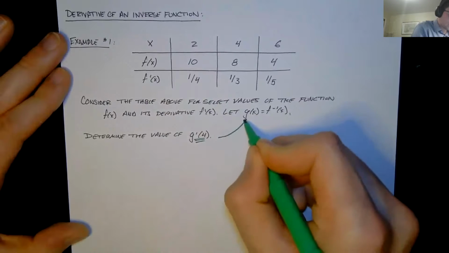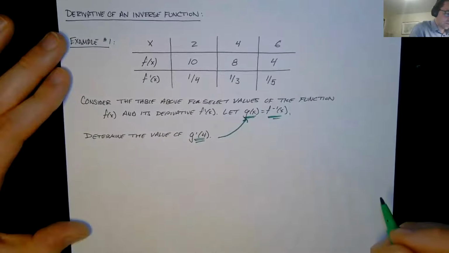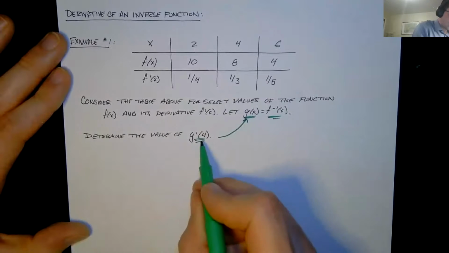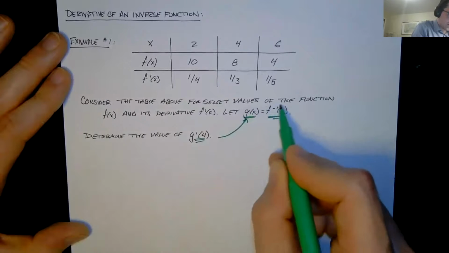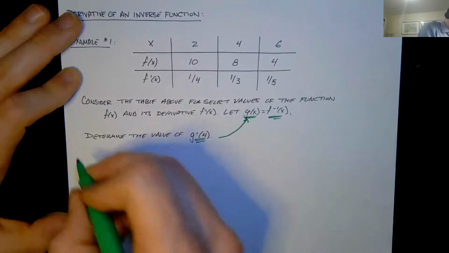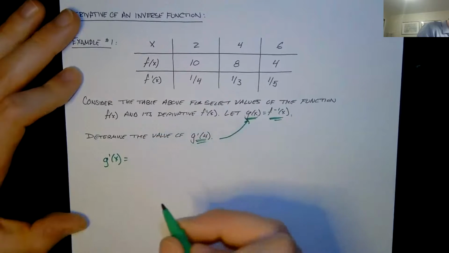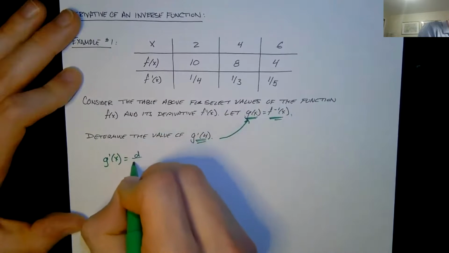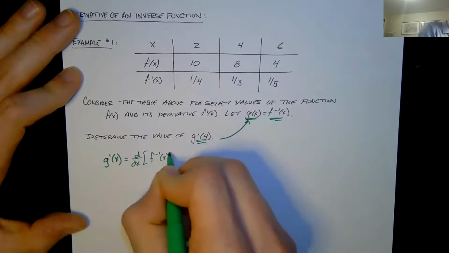When I look at that, I see that g of x equals f inverse of x. So if I'm looking for the derivative of g, I'm actually taking the derivative of f inverse. I'm going to start writing some things down. g prime of x equals the derivative of f inverse of x.